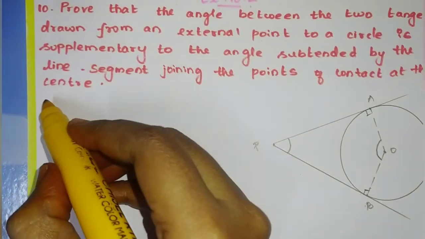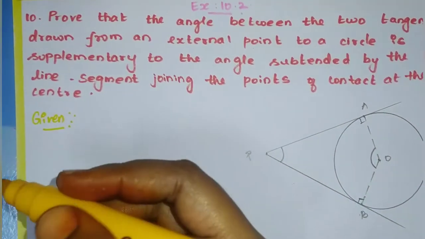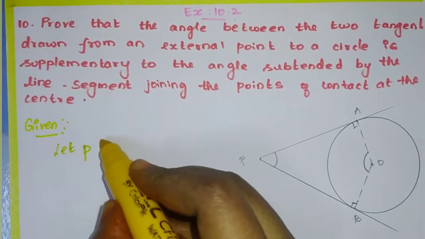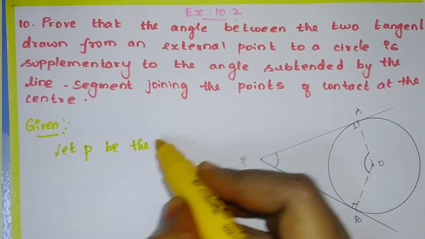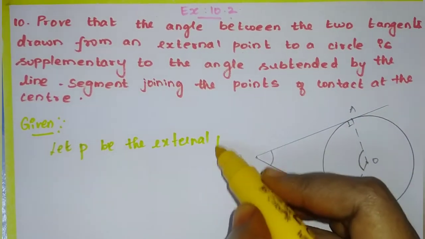Okay, now start the proof. Given: so what you have to write? Let P be the external point.